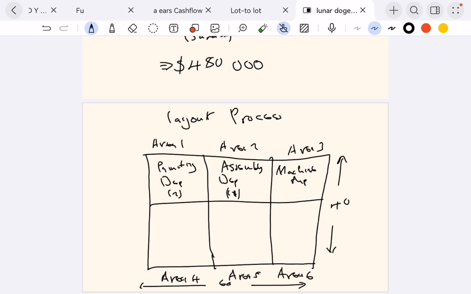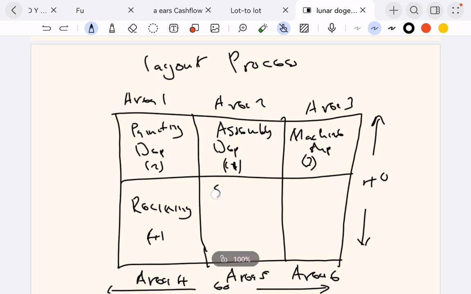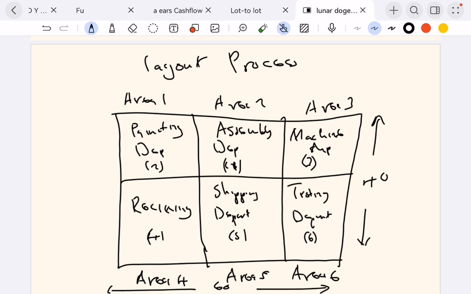Machine shop, it will be 3. Then receiving, it will be 4. Then shipping department, it will be 5. Then testing department, to be 6. So that's what was needed here.